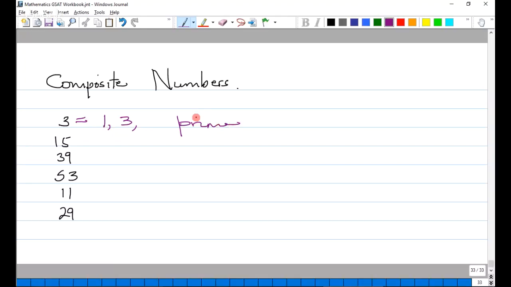Okay, this one is prime. Let's look at 15. What are the factors of 15? 1 and 15. What comes next? 3 and 5. Okay. So how many factors does this have? 1, 2, 3, 4. Is this prime or composite? Composite. Okay. So this one is composite.